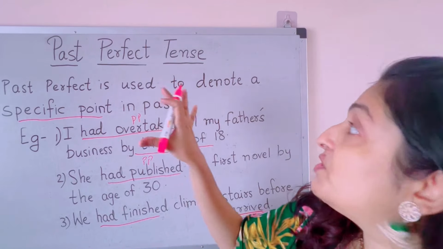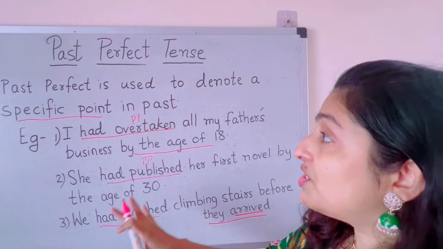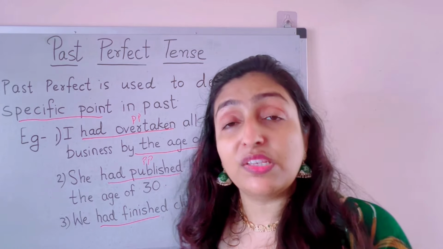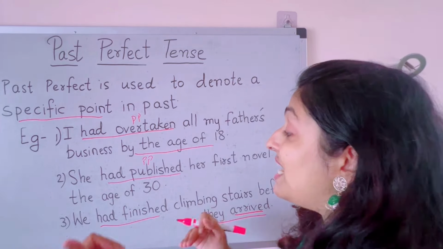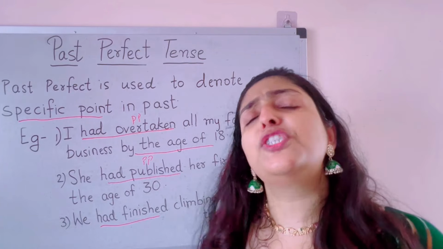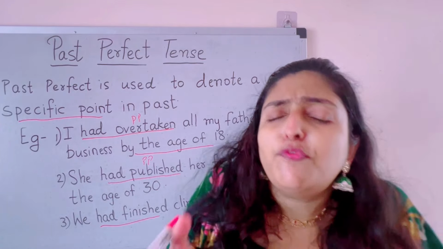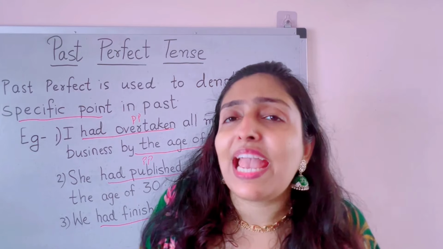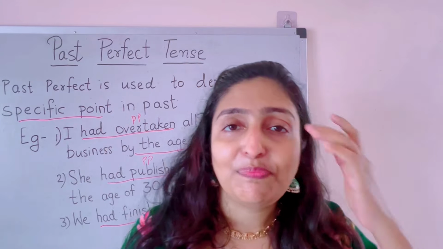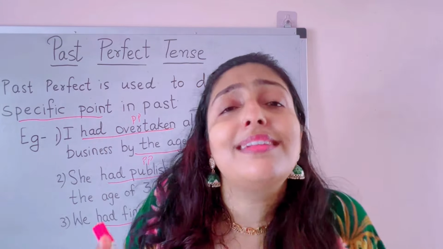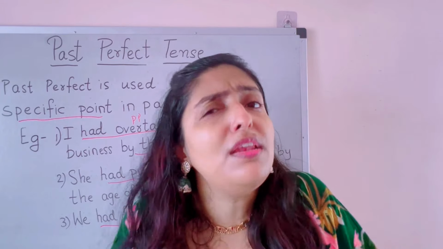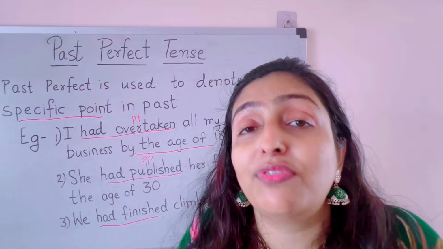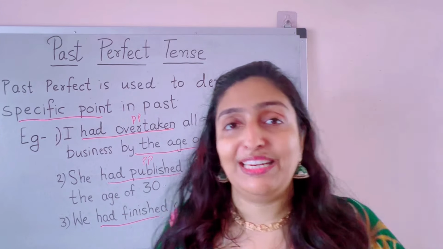Okay, so past perfect is used to denote a specific point of time in the past. Means what was the time taken by us to finish climbing the stairs? It would have been just moments back before they arrived, but we did it. We succeeded in climbing the stairs even if it was just a few seconds left for their arrival.